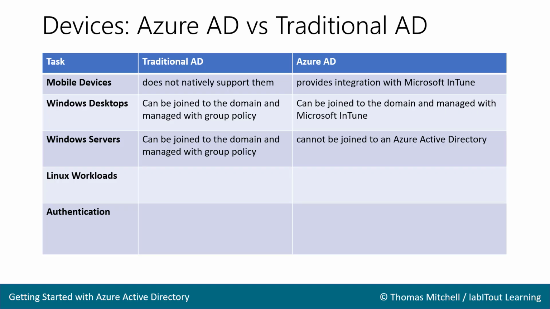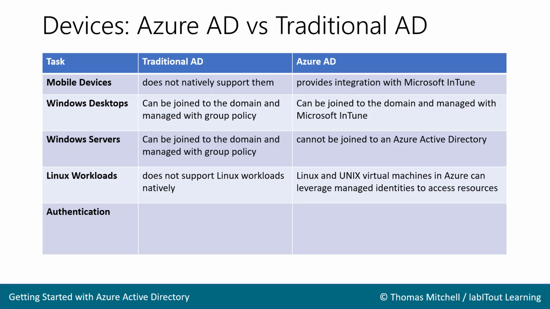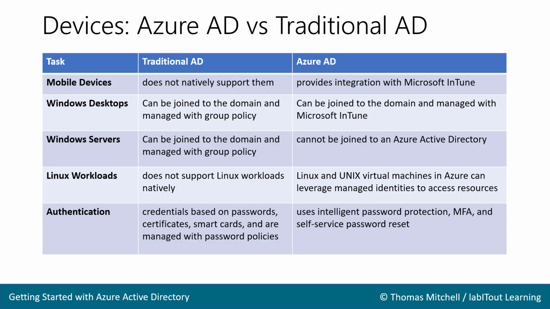And lastly, let's talk about Linux workloads. While traditional Active Directory does not support Linux workloads natively without the use of third-party solutions, Linux and Unix virtual machines in Azure can leverage managed identities to access resources. So as you can see, there are quite a few differences and even some similarities between the traditional on-prem Active Directory offering and Azure Active Directory.